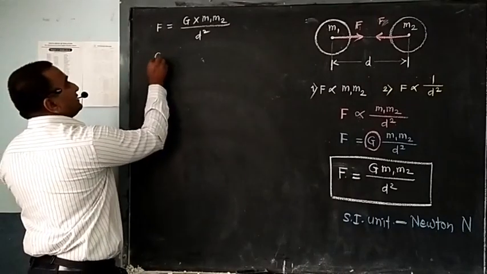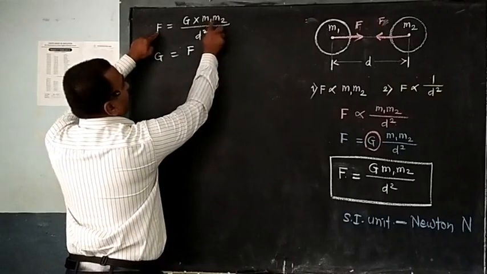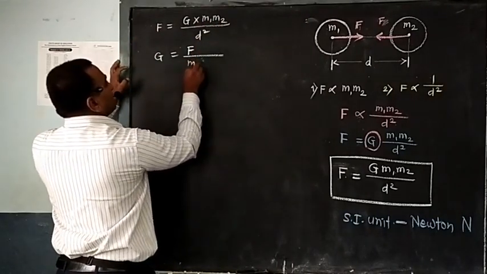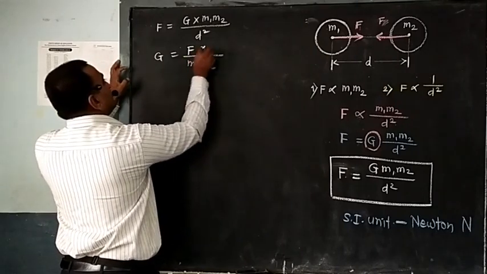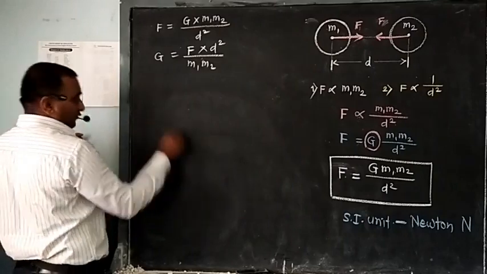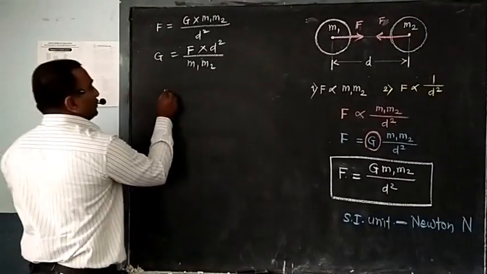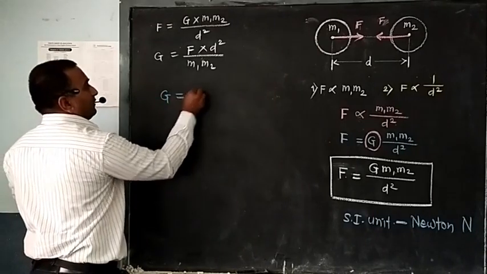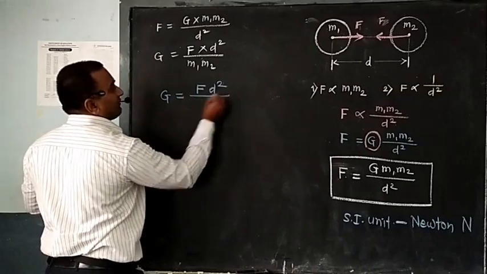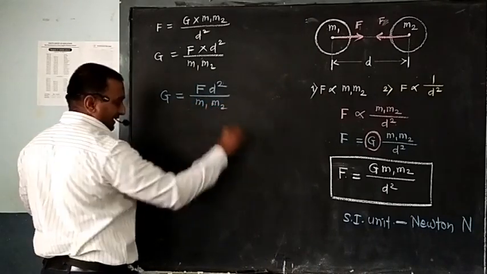So G is equal to F, and since m1 m2 is for multiplication, it will go for division: m1 m2 and here d square. So the formula for G is equal to force into distance square divided by mass of first object into mass of second object.